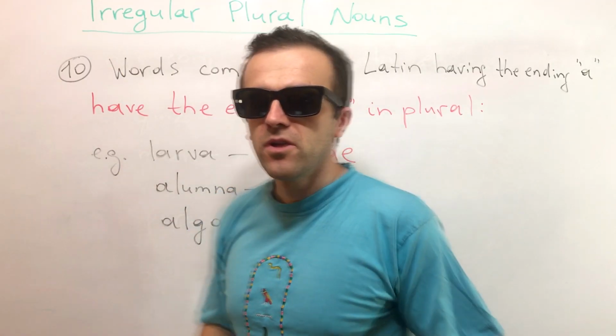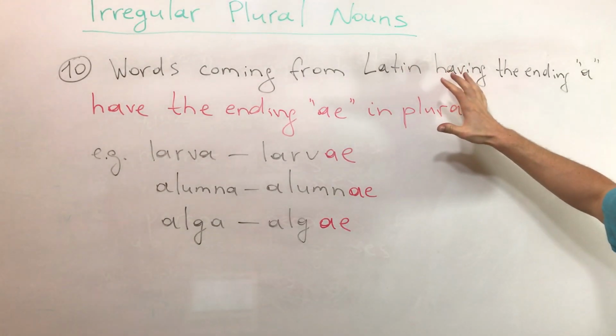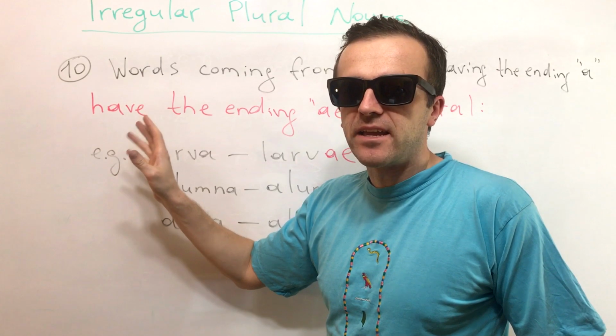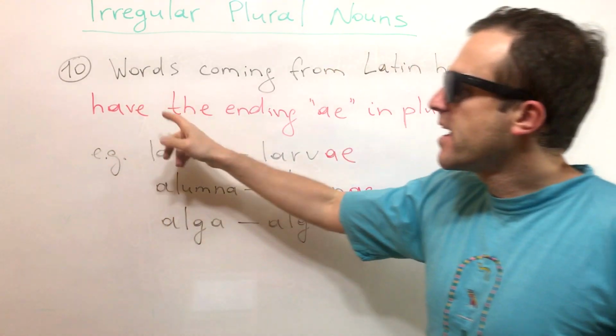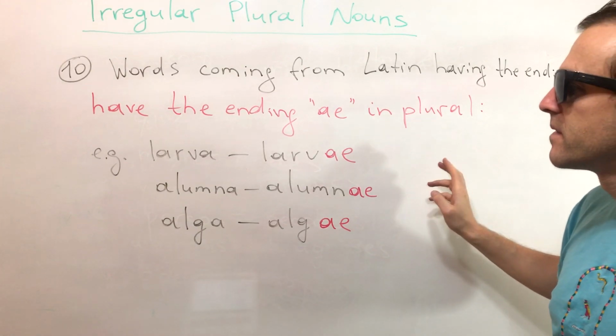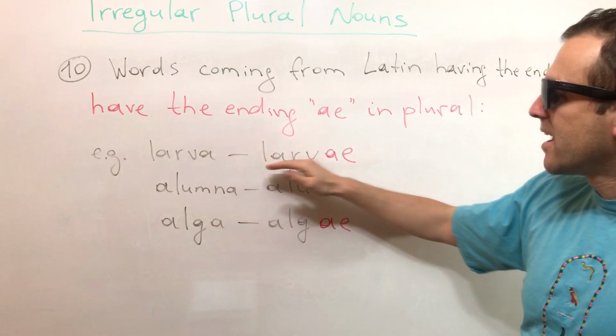The 10th rule is words coming from Latin and having the ending a in singular, so they have the ending ae in plural. For example, larva, larvae.